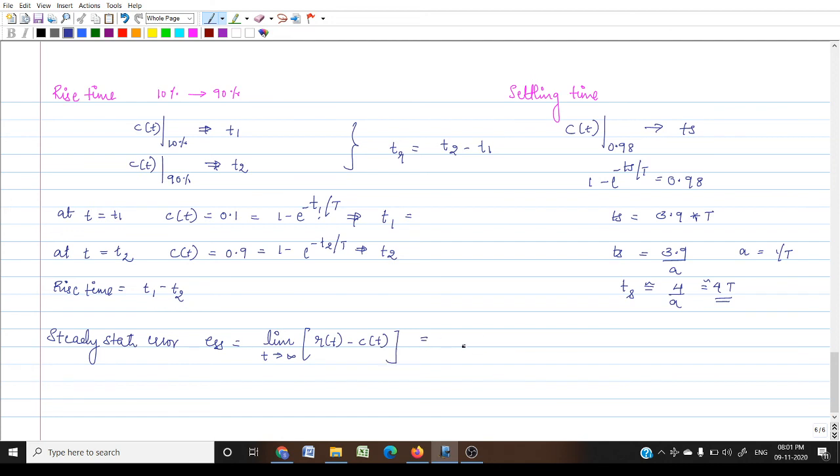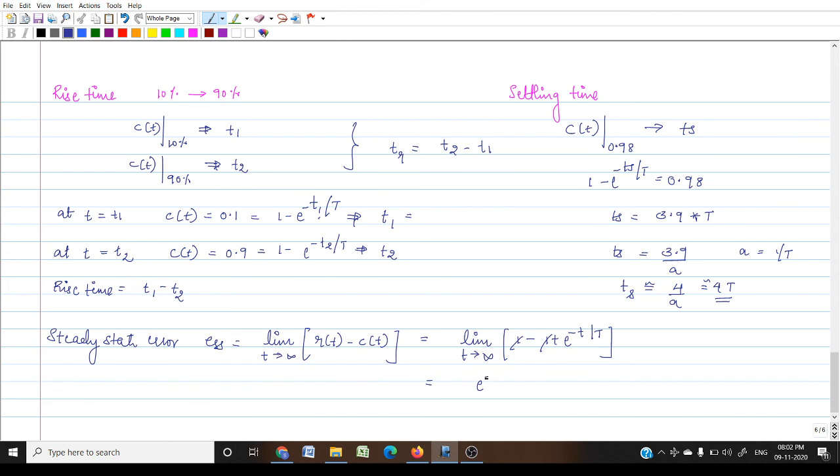This is equal to limit t tends to infinity, r of t value is 1, minus c of t, which is 1 minus, minus minus becomes plus, e to the power minus t by capital T. So when you simplify this, the 1 and the 1 get cancelled.